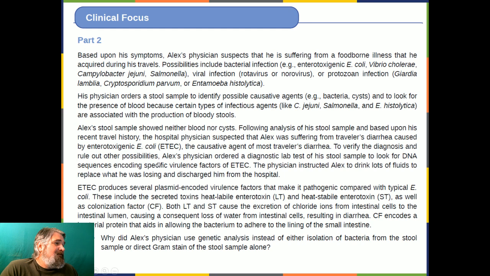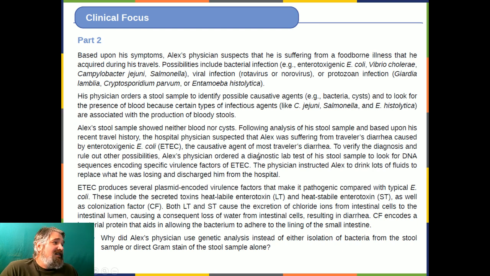And so the physician ordered a diagnostic lab test of the stool sample to look for DNA sequences encoding a specific virulence factor of ETEC. The physician instructed Alex to drink lots of fluids to replace what he was losing and discharged him from the hospital.